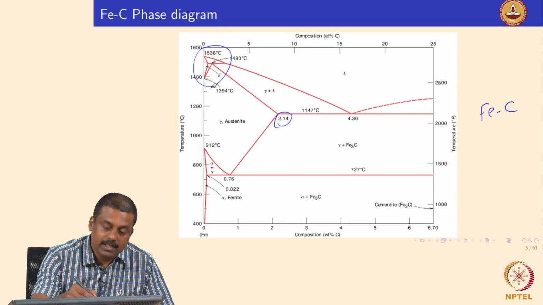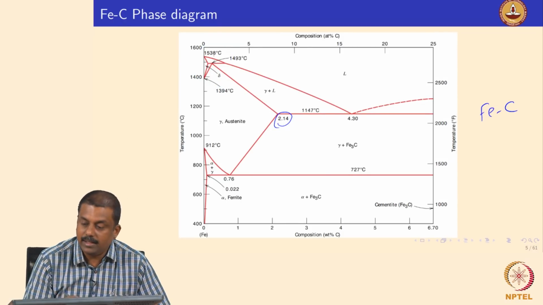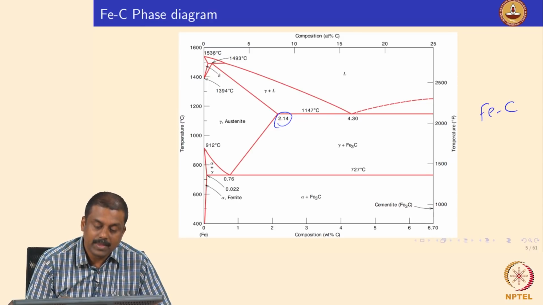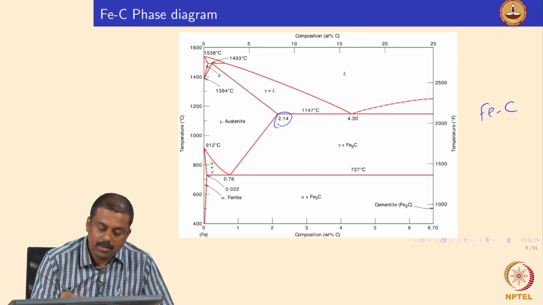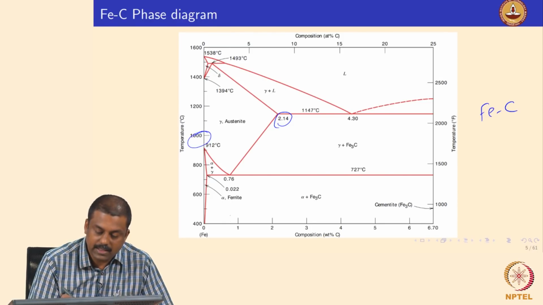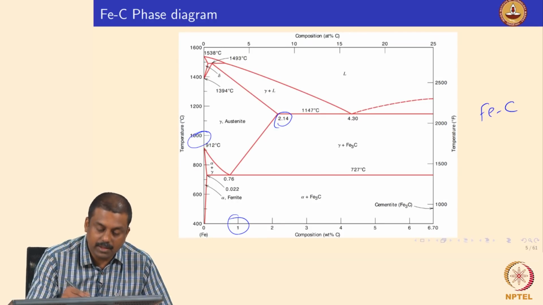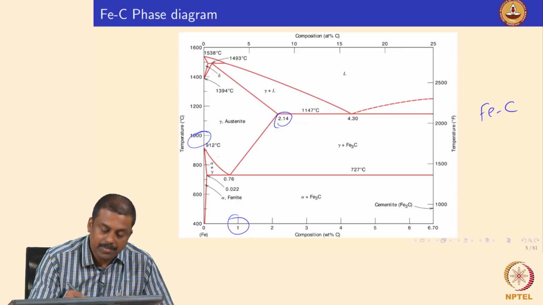What is interesting from this course's perspective is the region in the temperature range of 1000 degrees centigrade, with a maximum carbon concentration of 1%. This region is known as the eutectoid region of the phase diagram.